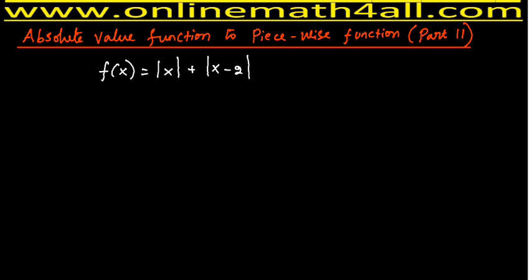First let me consider the first absolute value, that is absolute value of x. Now I have to find the value of x for which the term inside the absolute value becomes 0. For this one it's very simple, because we just have x inside the absolute value. So if we want it to be 0, we just have to take x is equal to 0.